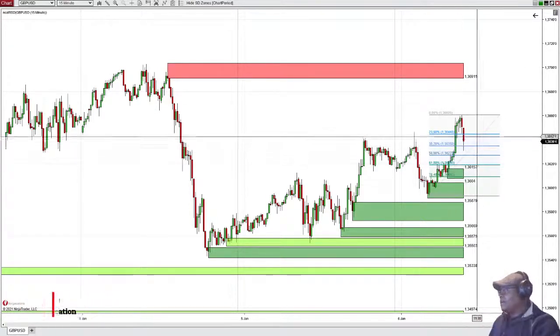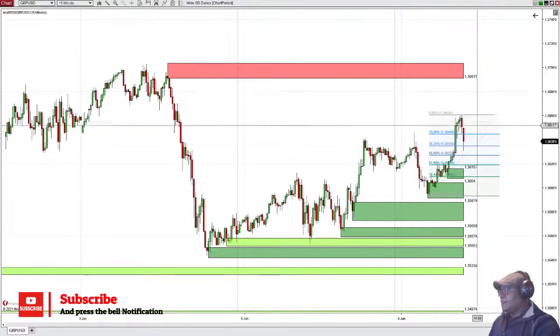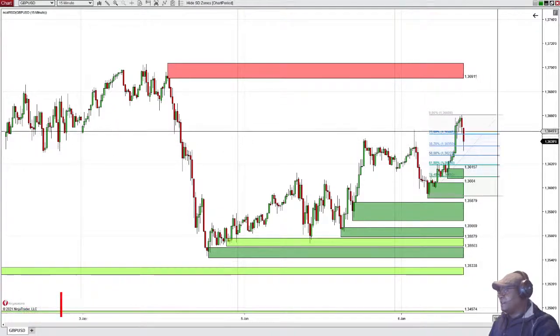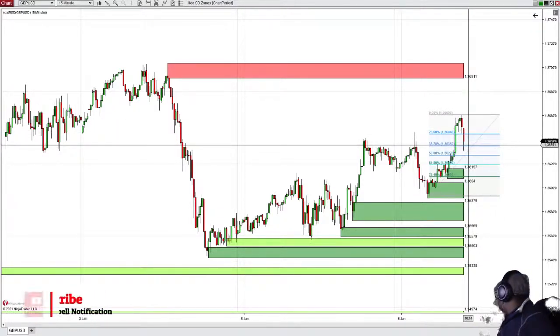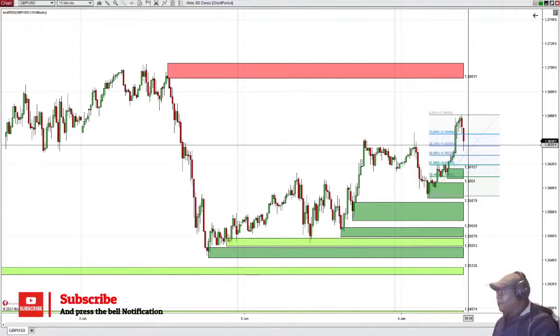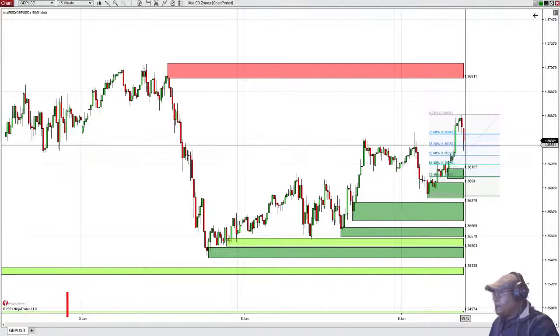So we just have to keep eyes also on the 15 minute GBP USD. It has buy potential if you're willing to buy. If you want to buy, wait for it to retrace either from here or from here.